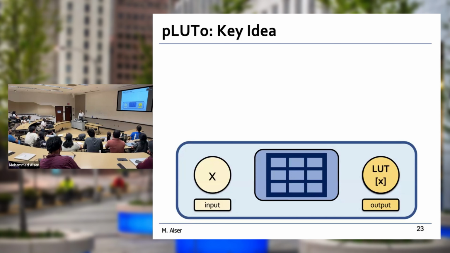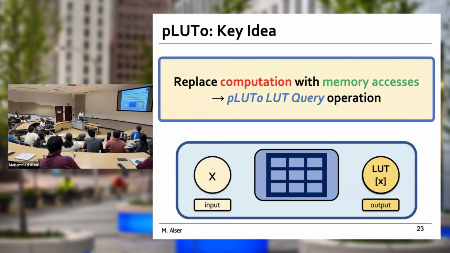But in fact, I'm just memoizing it, or just fetching it back from a table. So we replace computation with memory accesses, a lookup table query operation. Memory is very good at fetching those queries. If you know the exact address of those results, you just send the address, activate, read, precharge, done. You get the output.